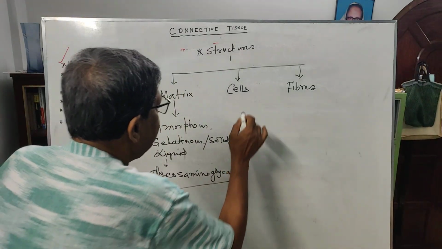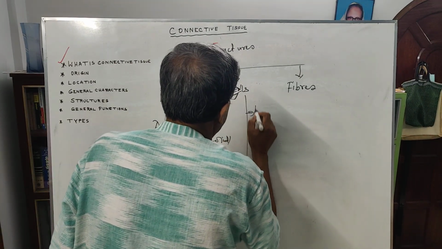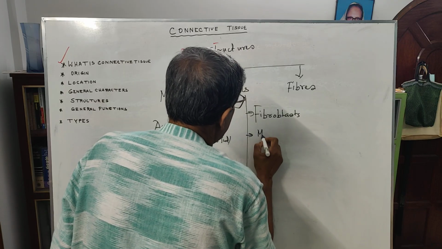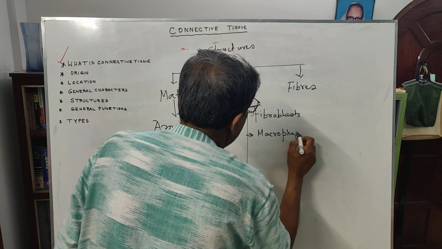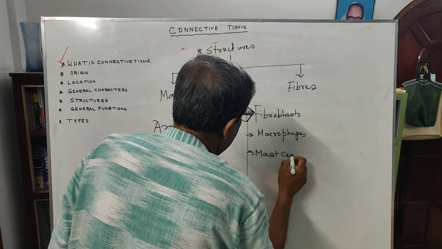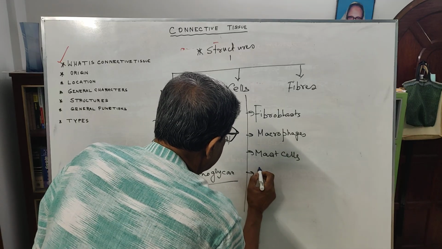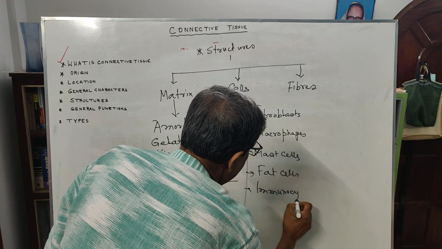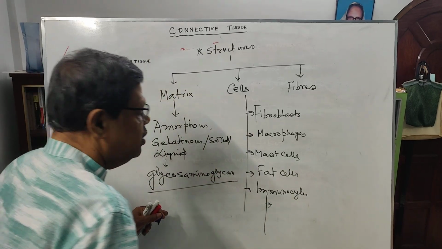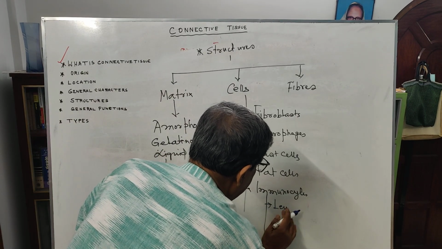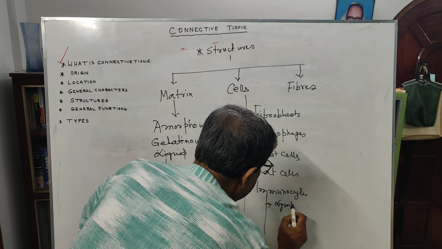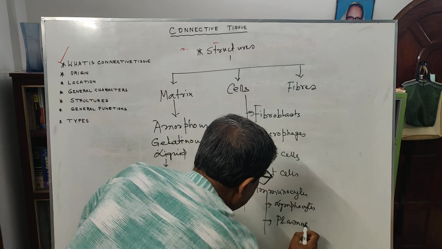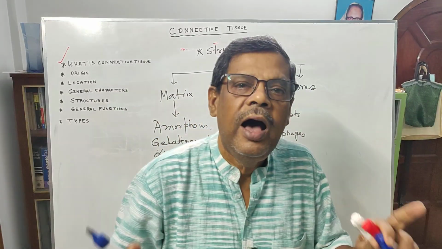Next, cells are of different types, that is fibroblasts, macrophage, mast cell, fat cells, immunocytes, that is leukocytes, lymphocytes, and plasma cells. Then we find WBC, RBC, etc.